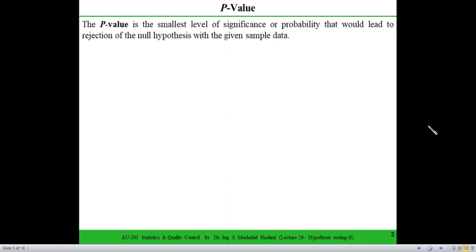So the p-value is actually a probability, or the smallest level of significance, that allows you to make a decision about the null hypothesis based on the evidence gained through sample data. We just gave it a name because it is actually a probability.